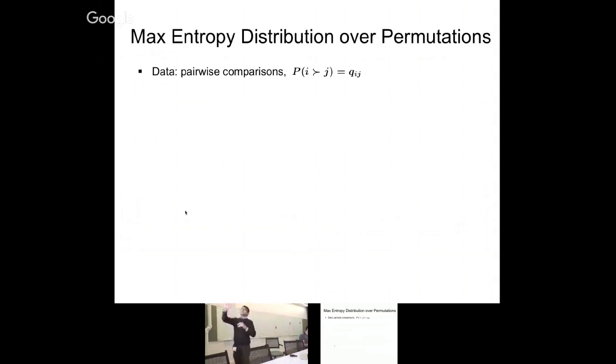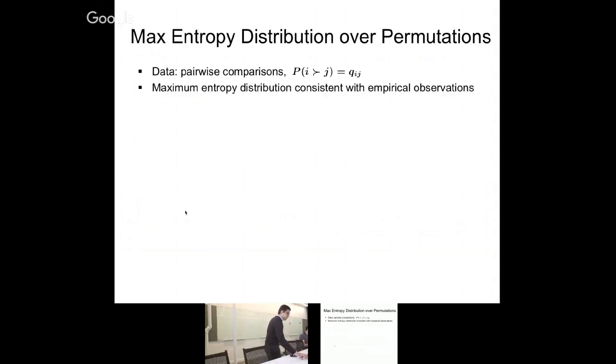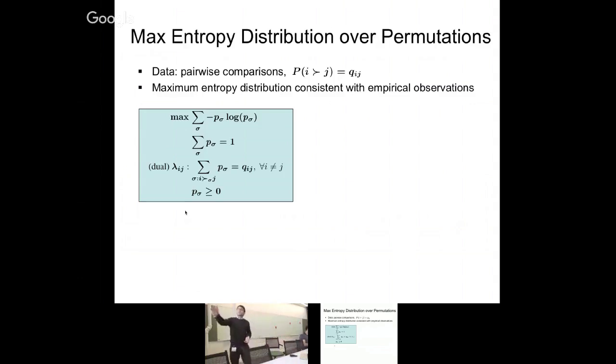Suppose you're given this data, which is pairwise comparisons of some of the problems, the fraction of people who prefer I to J. Now you can write this convex program to find the max entropy distribution. P sigma is the probability over permutation sigma, and you're trying to maximize the entropy subject to consistency with data.